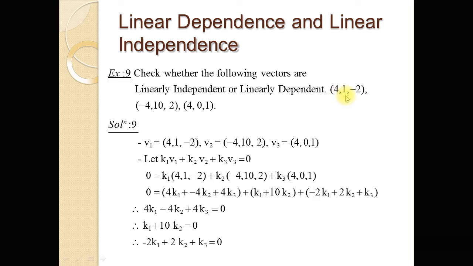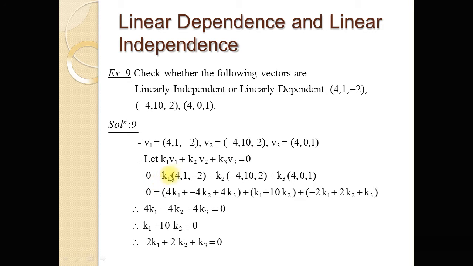The vectors are (4, 1, -2), (-4, 10, 2), and (4, 0, 1). So there exist some scalars k1, k2, k3 such that k1 v1 plus k2 v2 plus k3 v3 is equal to 0.